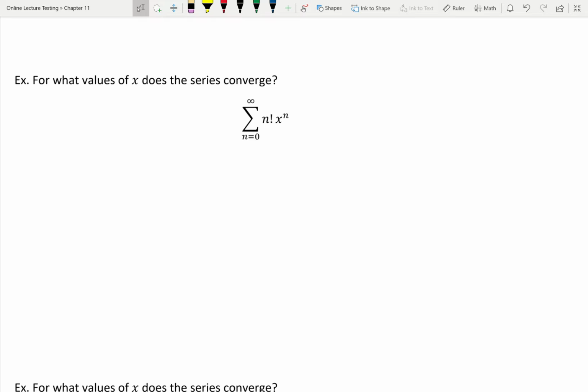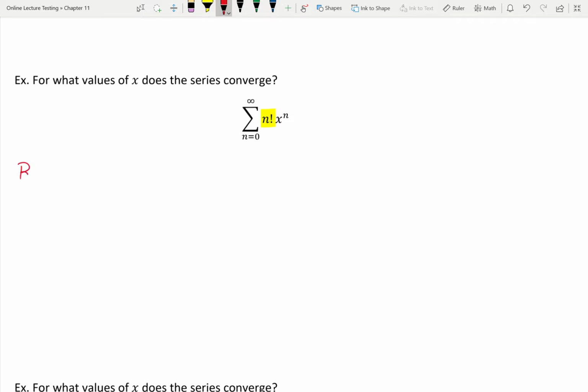Okay, now looking at this, we have x, so we have n factorial x to the n. So knowing that x is some fixed value, what would be an appropriate test that we could use? So something that you should see real quickly is this n factorial. That's going to tell me I'm probably going to use the ratio test.